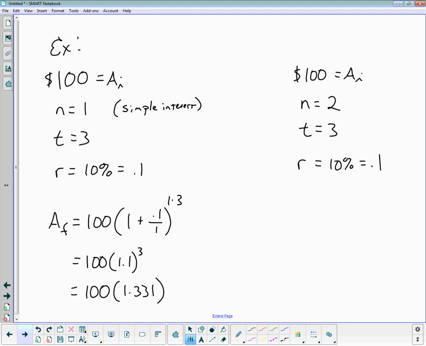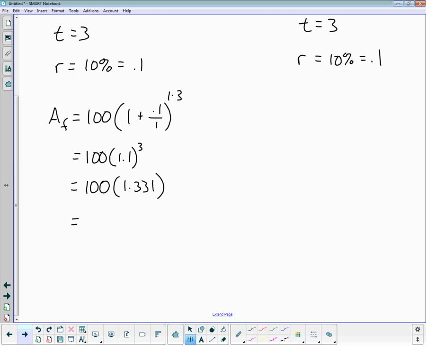So at the end of 3 years, you would have made $33.10 of profit, which would have come out to a grand total of $133.10 sitting in your account. Okay, fine. You make 33 bucks.